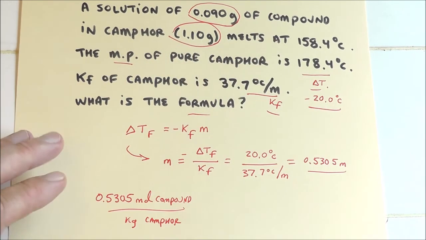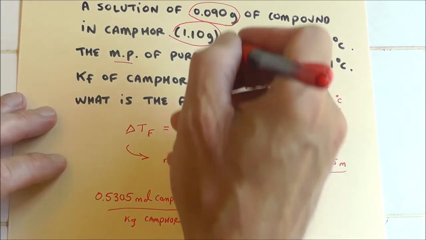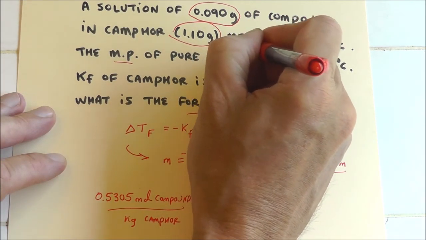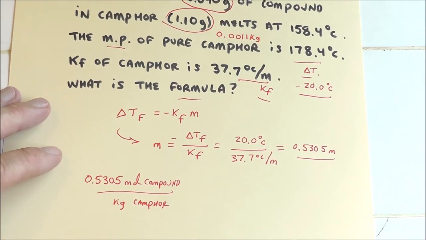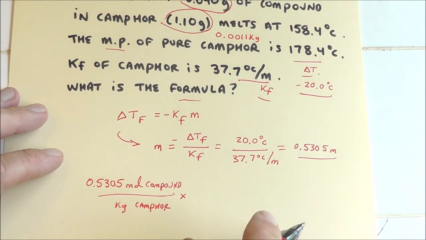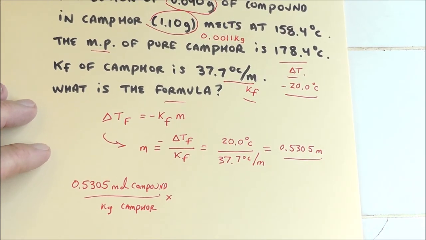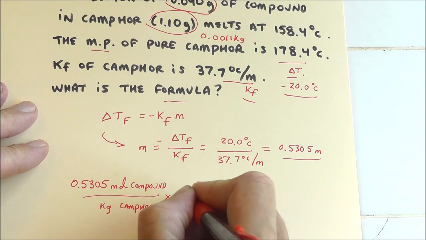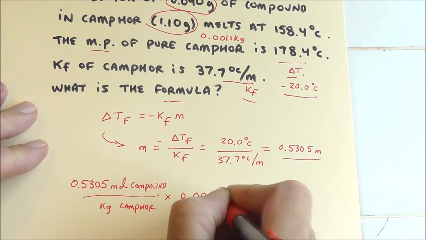And now I have 1.10 grams, and divided by 1,000 is 0.0011 kilograms. I'm going to end up multiplying by that, and that is going to give me my moles. So got to watch it I don't miscopy.